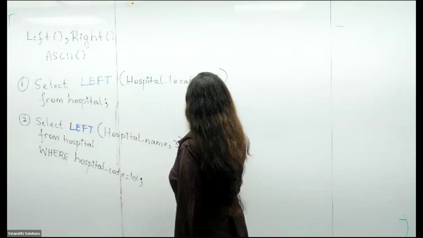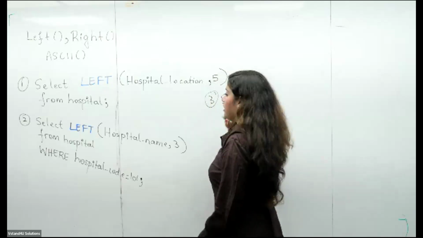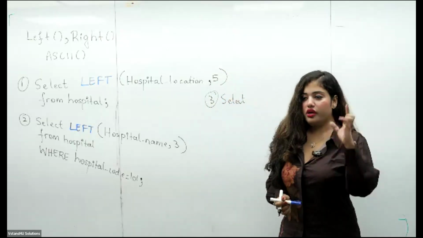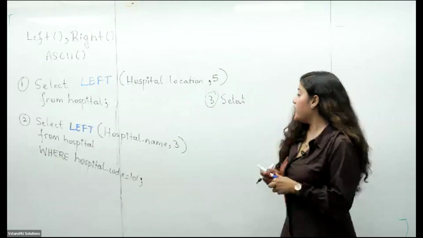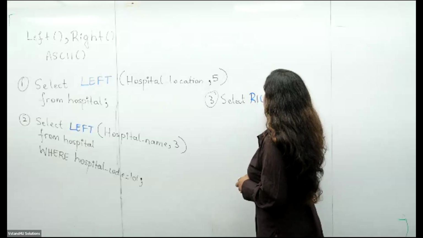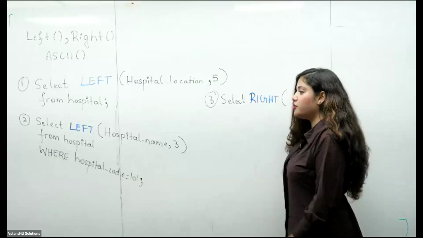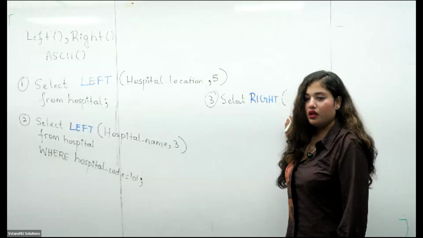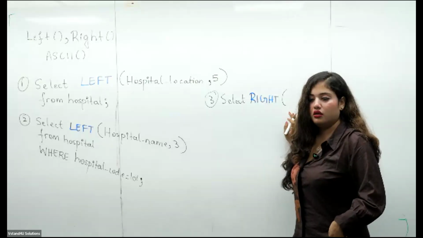So, let me write it here. Now, they are telling you to select. What are they telling you to extract? Extract it from the left side or the right side? Right side. So, I will be using the function called right. Yes or no? Now, from the right side, what are you supposed to extract? From which one? Hospital name or location?